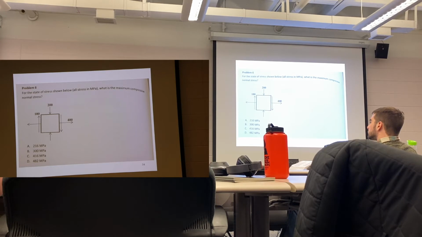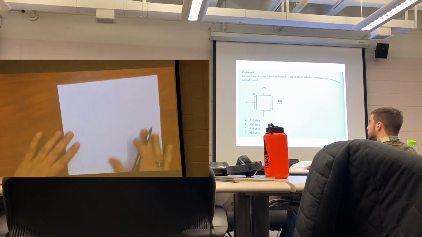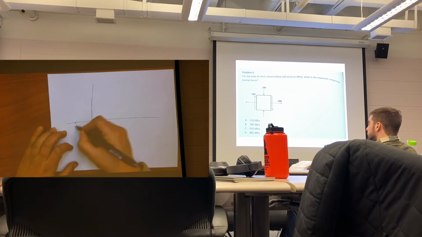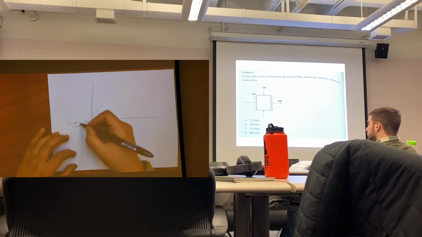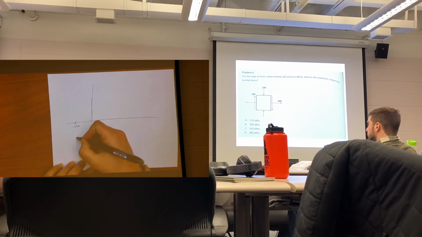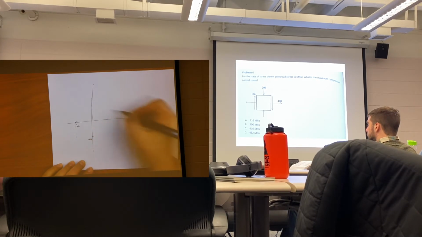Now you need either to draw Mohr's circle or to use the equation to figure this one out. If you are drawing Mohr's circle, you have negative 200 and this will be counterclockwise, so it's negative 100, and this is 400 and positive 100.